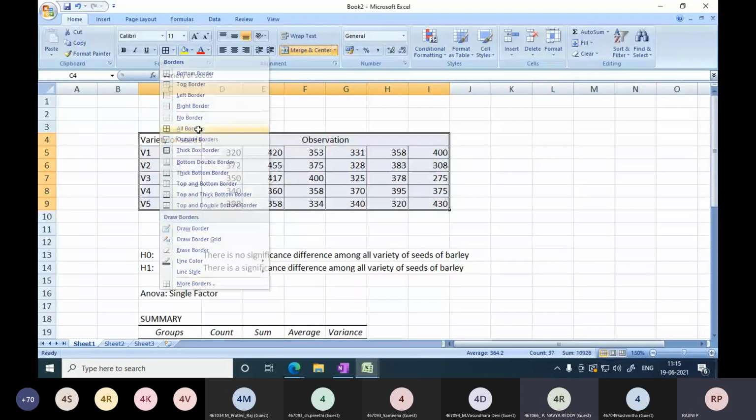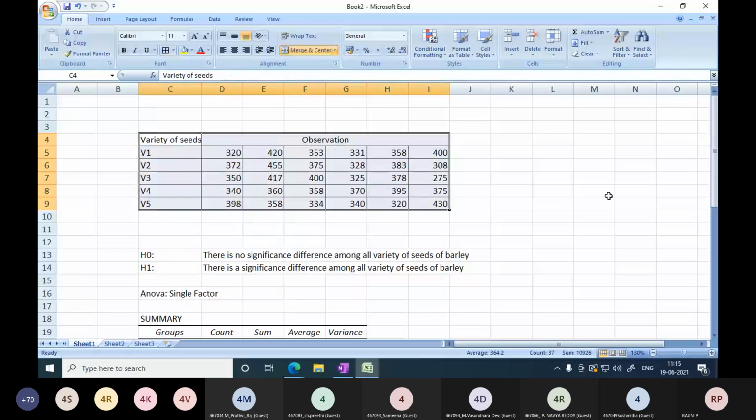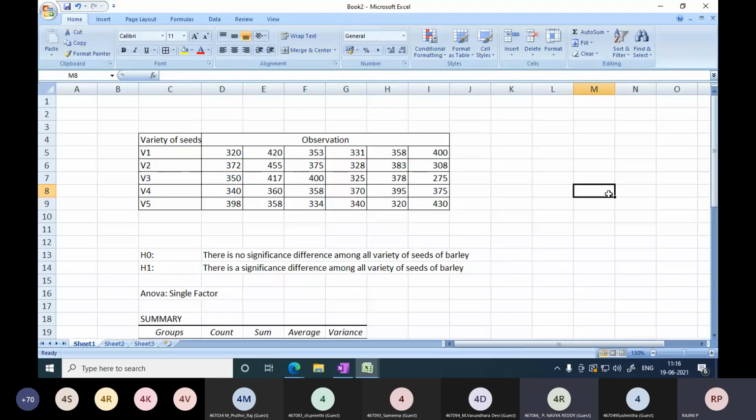Yeah, can you see? So here when we take CRD one way, you need to check the data, whether you are taking rows or columns, and mention it very clearly there. By default, it will be in columns, so you need to change it to rows. Here you are taking the data row wise, V1, V2, V3, V4, V5, the treatments row wise.